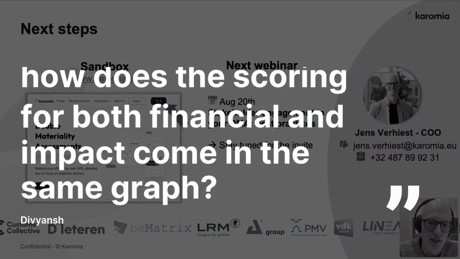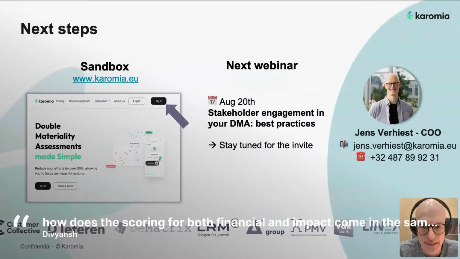How does the scoring for both financial and impact come in the graph? Well, what you'll do in the data collection phase is collect scores on those questions that represent the IROs.